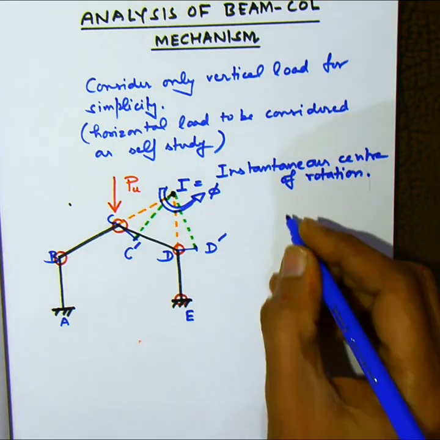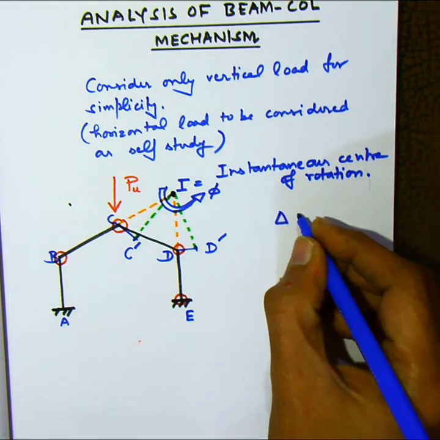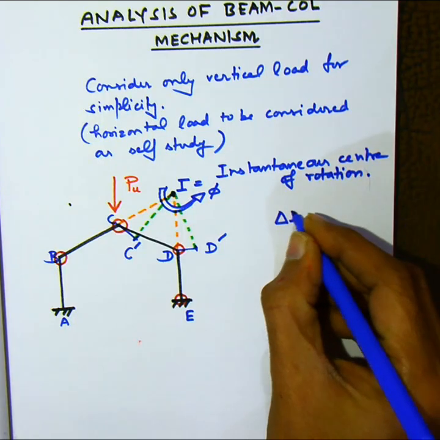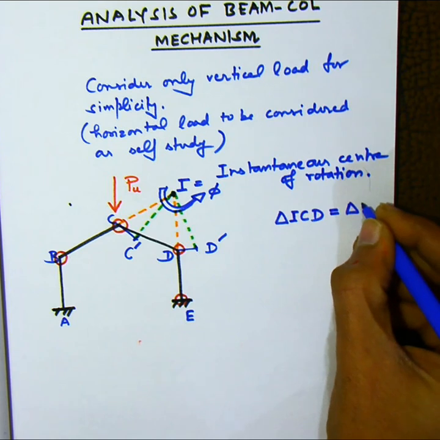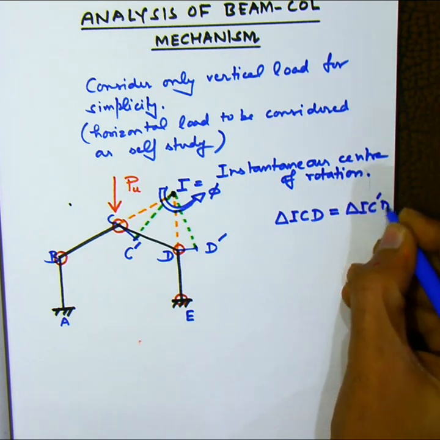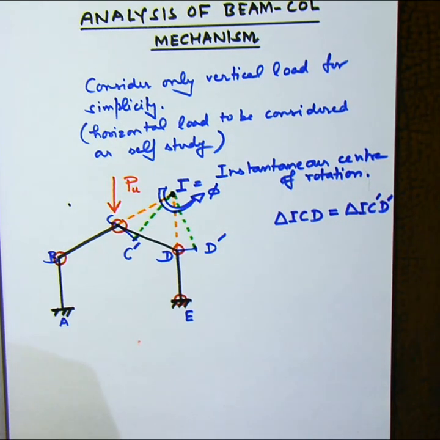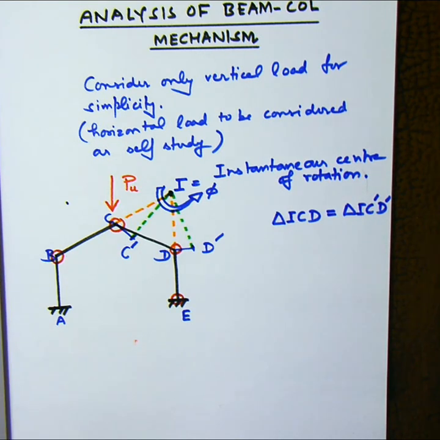Accordingly, we can say that C moves to C dash and it moves normal to BCI. Similarly, D moves from D to D dash and it moves normal to EDI. Both displacements are very small, so arc lengths can be approximated as tangent lines. And then we join.